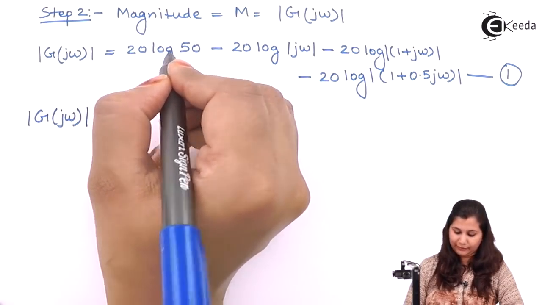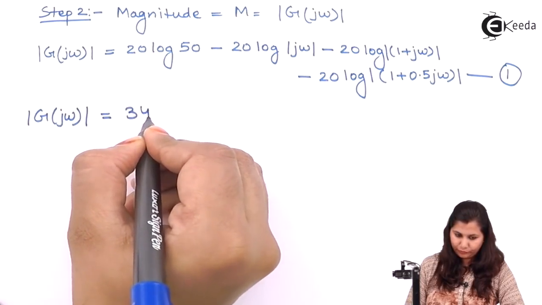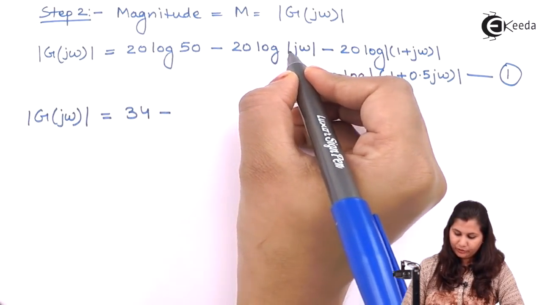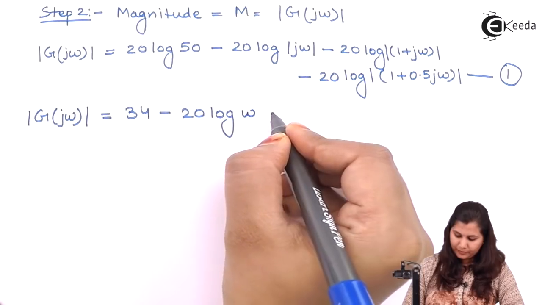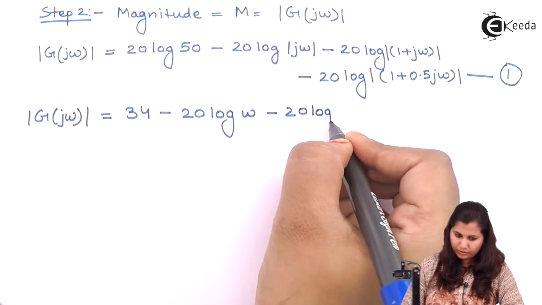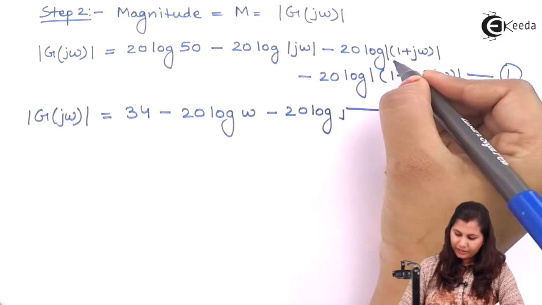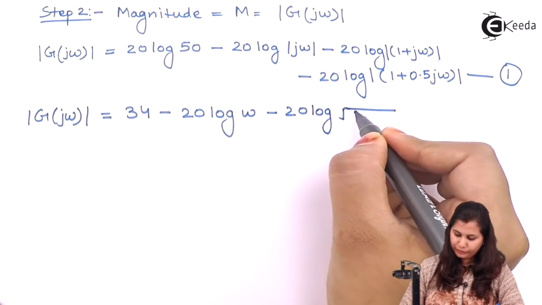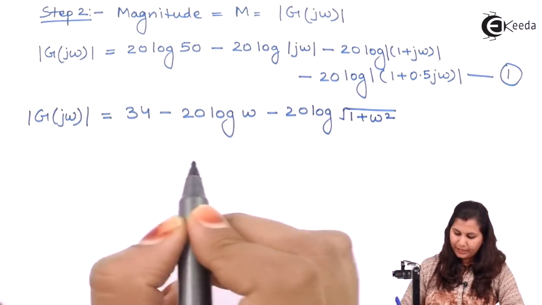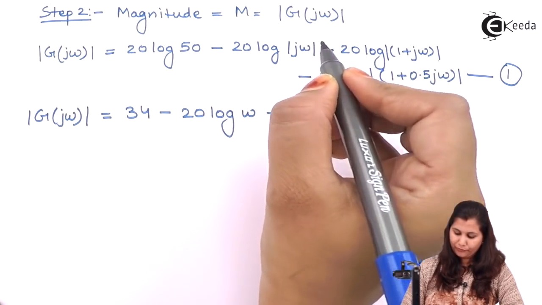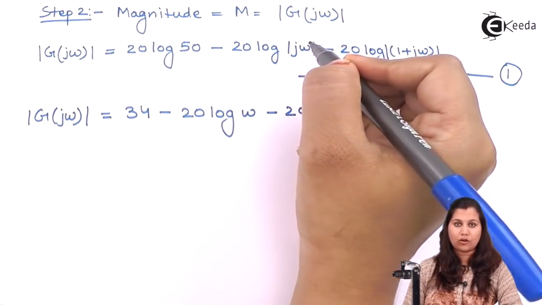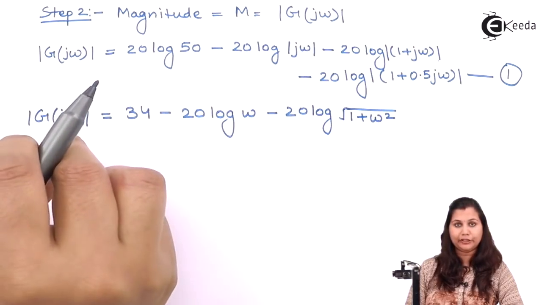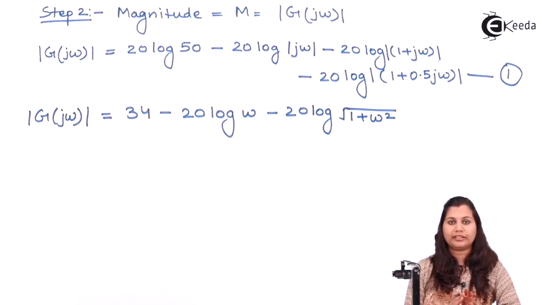Now let us solve it so that we can simplify this equation. 20 log 50, calculated, comes out to be 34. Then we have minus 20 log omega, minus 20 log under root of 1 plus omega square. Here we are taking the magnitude, and the magnitude of j omega will be under root of omega square, so it will be omega. Because j omega is a complex term, its magnitude will be the square root of the square of the real part plus the square of the imaginary part.